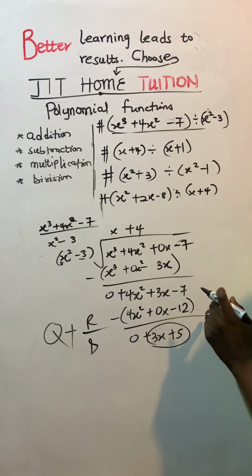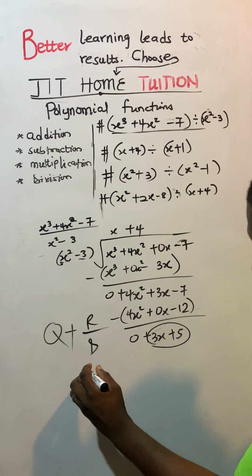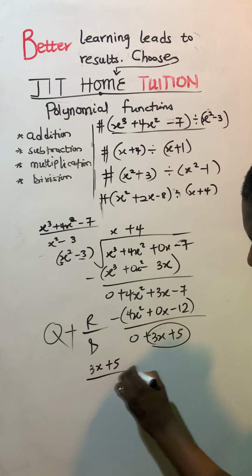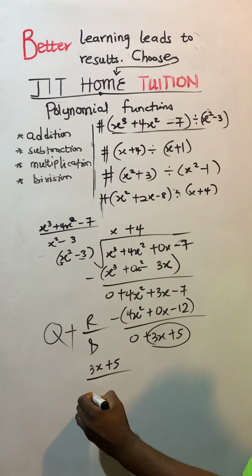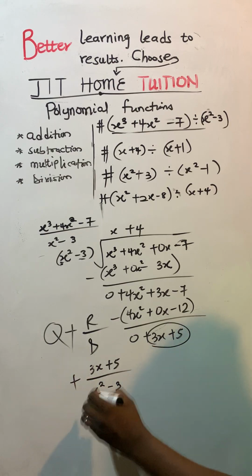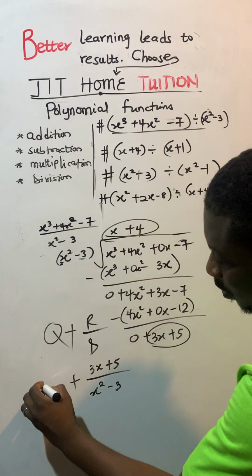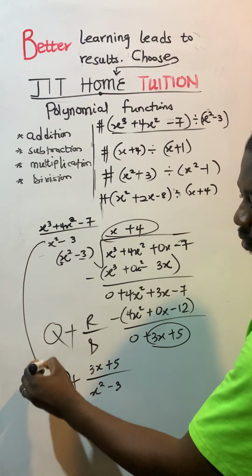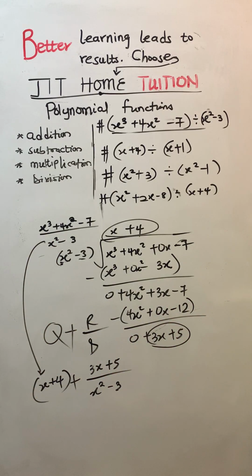So where is the remainder? This one, which becomes 3x plus 5. Then the divisor, which is x squared minus 3. Then where is the quotient? This side is the quotient, so that becomes x plus 4. That is the division of this, and this is what it will give you.